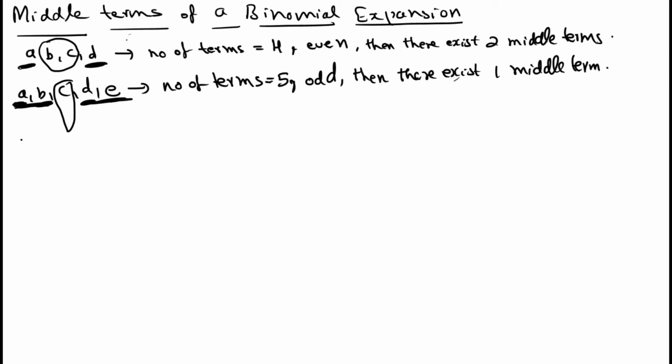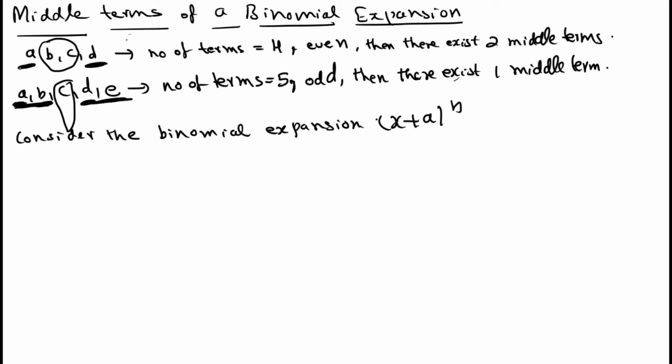Now consider the binomial expansion (x plus a) to the power n, where x is the first term, a is the second term, and n is the index of the given expansion.